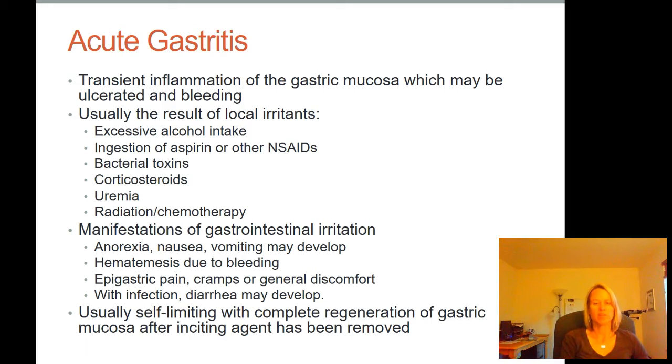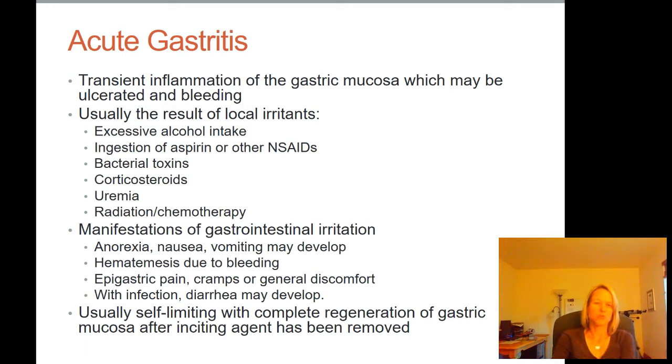Manifestations include anorexia, nausea, vomiting, hematemesis, epigastric pain, cramps, diarrhea, potentially with infection.